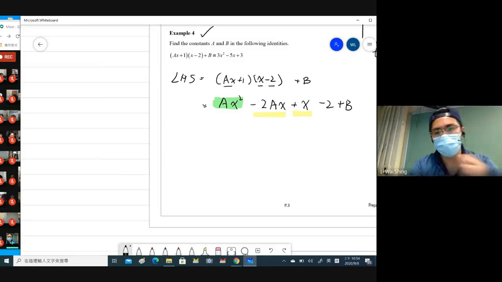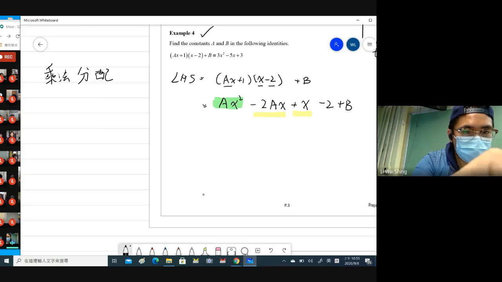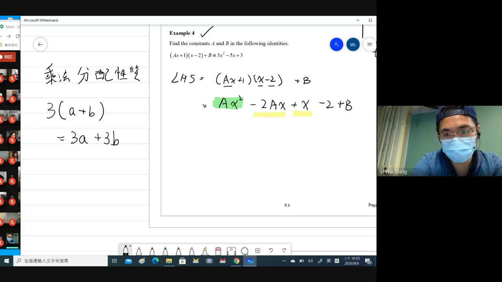In primary school, you learn one thing. The Chinese name for that is 乘法分配性質. In primary school, you know this. 乘法分配性質. What does it mean? For example, 3 times (a plus b) equals 3a plus 3b.